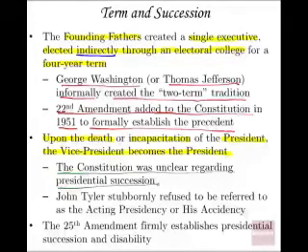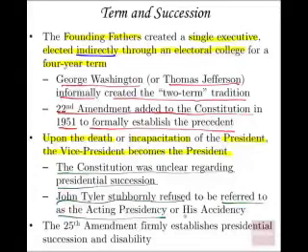Was he an acting president? Now, John Tyler stubbornly refused to be referred to as the acting president. And so he refused to sign documents that had him as being the acting president or the acting presidency. In fact, as a pejorative term, he was referred to as "His Accidency."